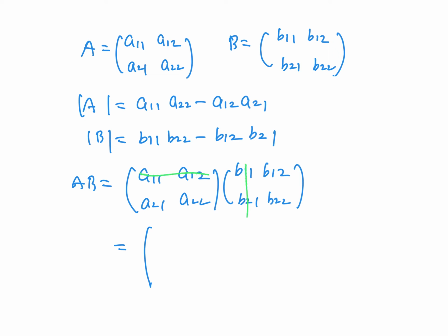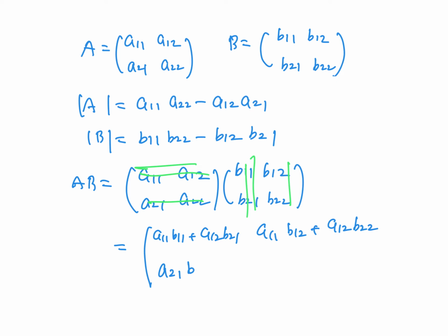The first element, A11, B11 plus A12, B21, right? Second element, A11, B12 plus A12, B22. This and this. A21, B11 plus A22, B21.